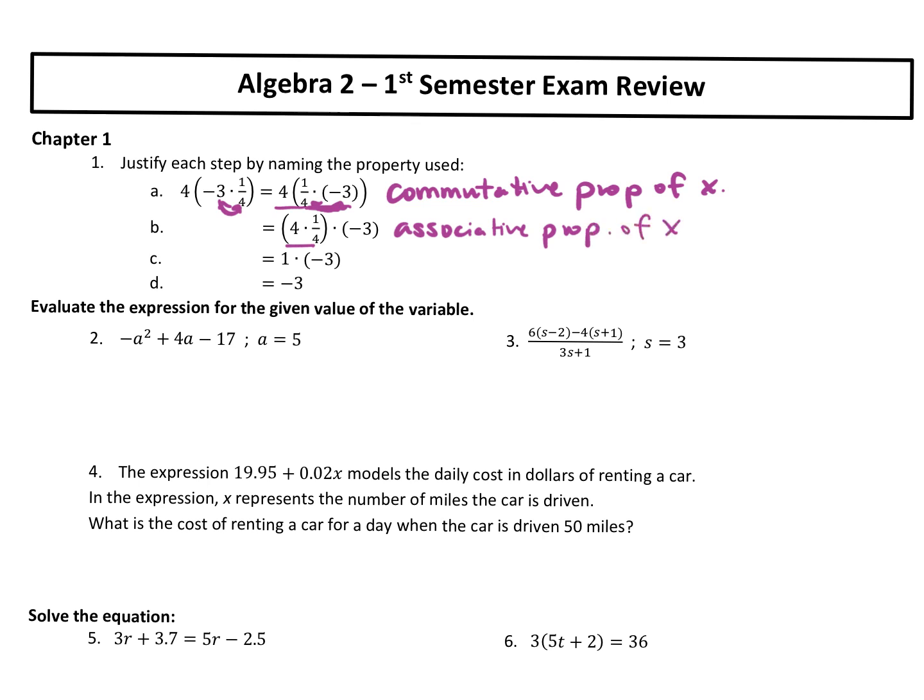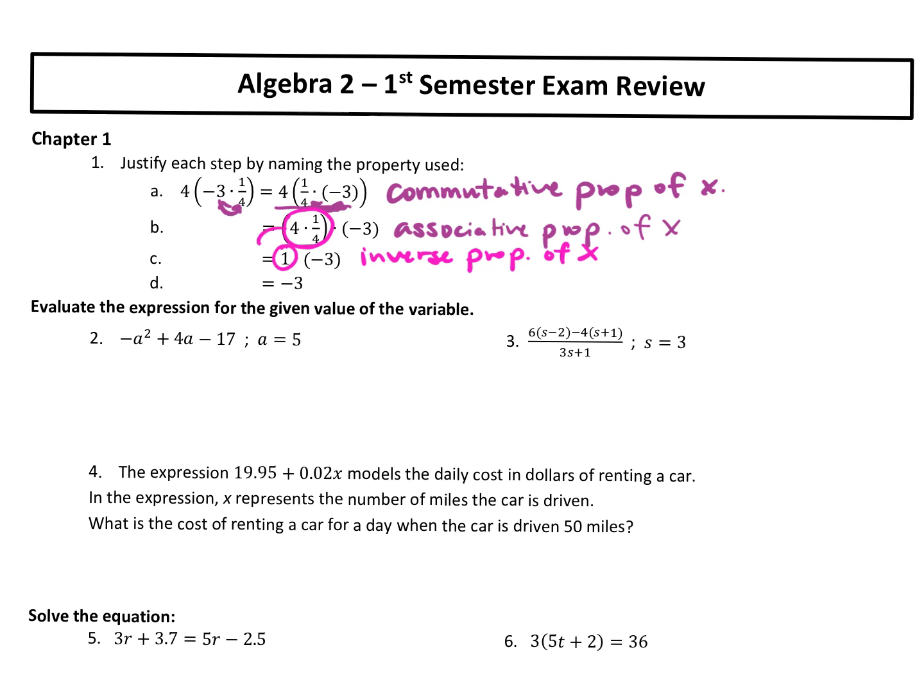Again, of multiplication. And then the next one, you are multiplying 4 times 1/4 and it becomes 1. That's the inverse property, right? 4 and 1/4 are inverses. When you multiply inverses, you get 1 from that.